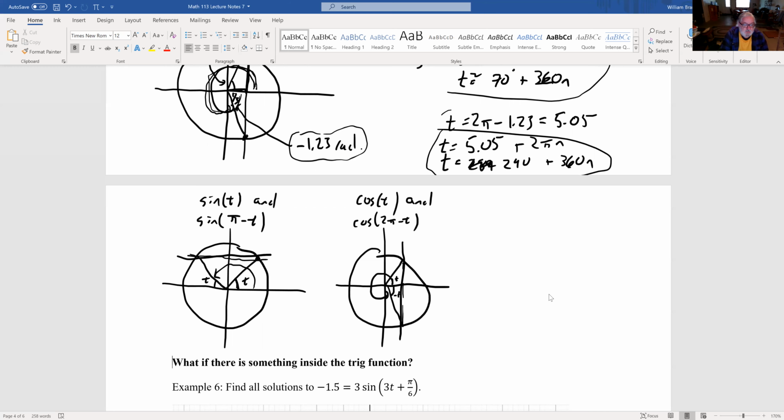Sine is reflection about the y-axis, cosine is reflection about the x-axis, and then tangent: if that's an angle t that gives you the tangent that you want, then the other angle is this one, which is t plus pi.